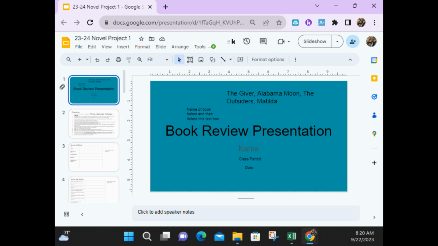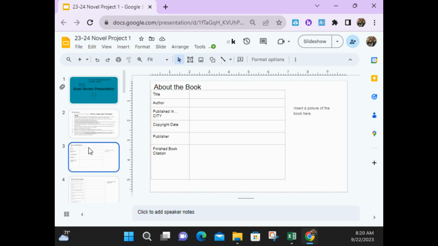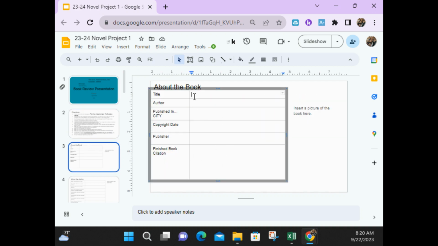Okay. All right. On this one about the book, I did not take off points if you did not write in a complete sentence. But I made it very clear when I went over this the very first time that I want this in complete sentences. So, title of the book.